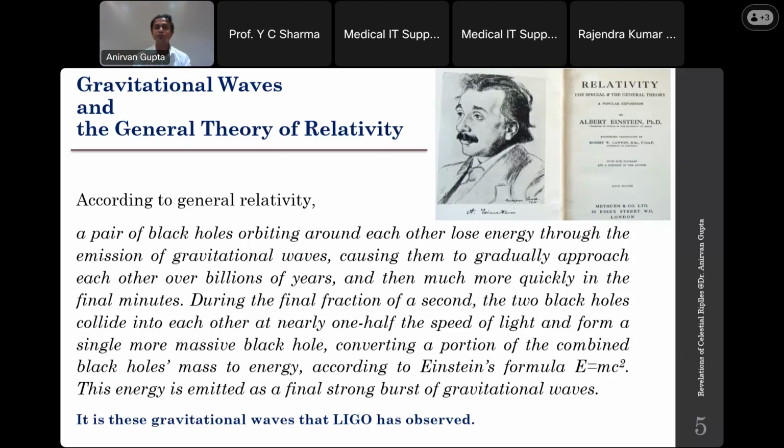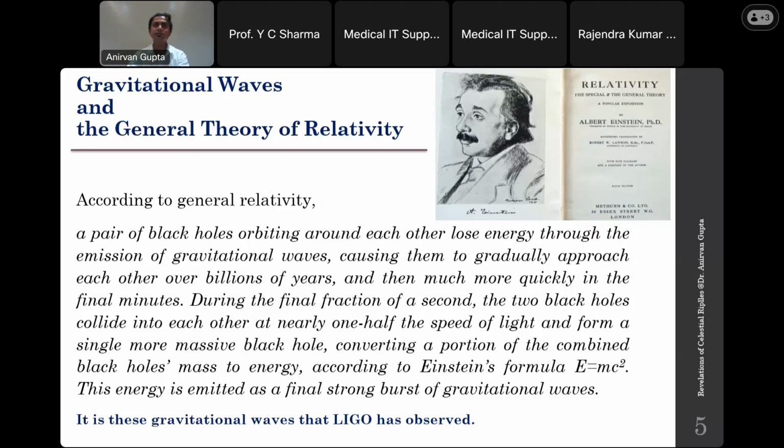A portion of the combined black hole's mass is converted to energy, given by Einstein's mass-energy equivalence, E equals mc squared. This energy is finally emitted as gravitational waves. We call it the final strong burst of gravitational waves.